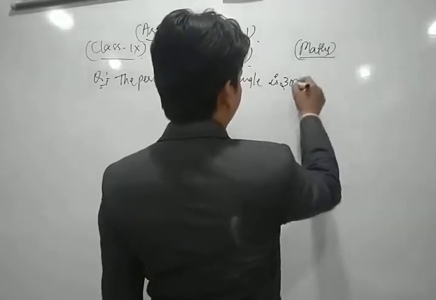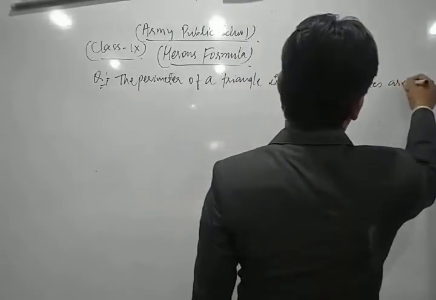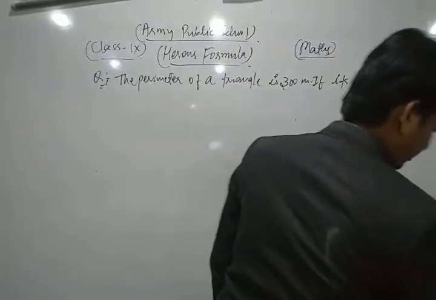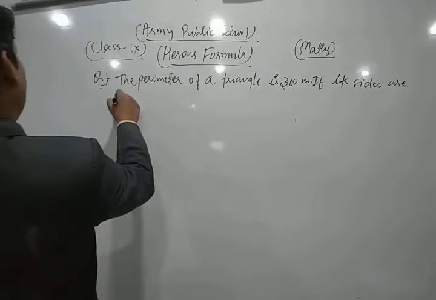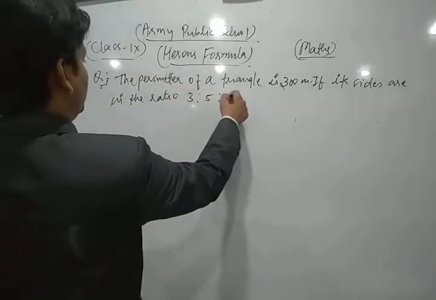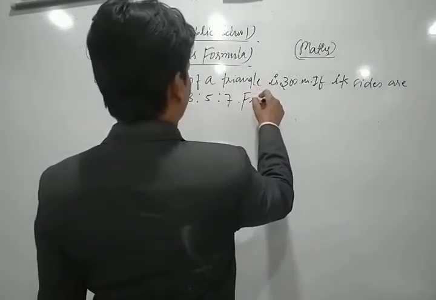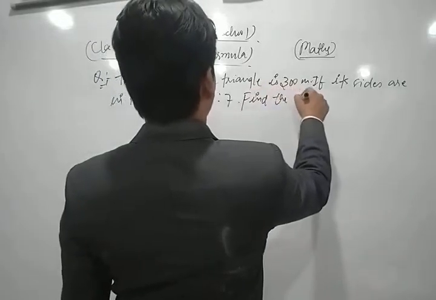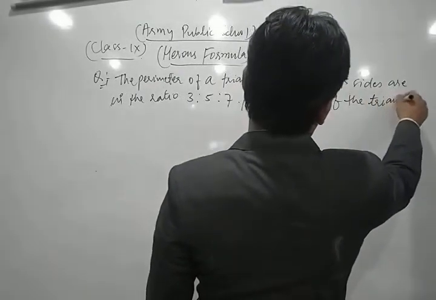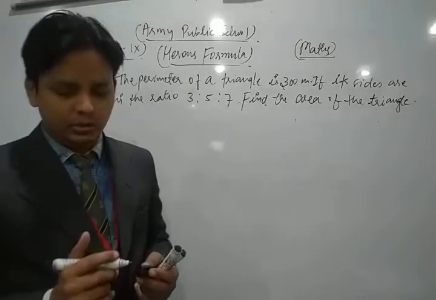If its sides are in the ratio 3:5:7, find the area of the triangle. This is a very common question.